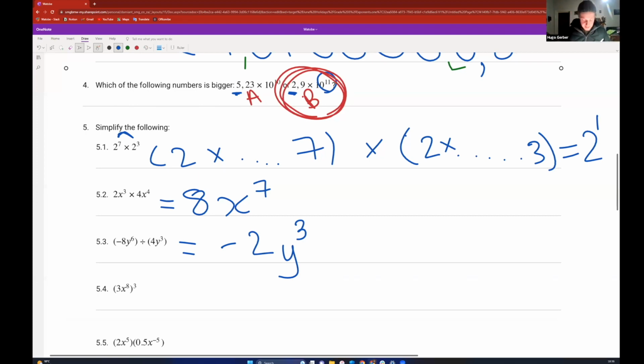Okay, let me explain this. To the power of 3, cubed, means that whatever's in the bracket is multiplied by itself 3 times.